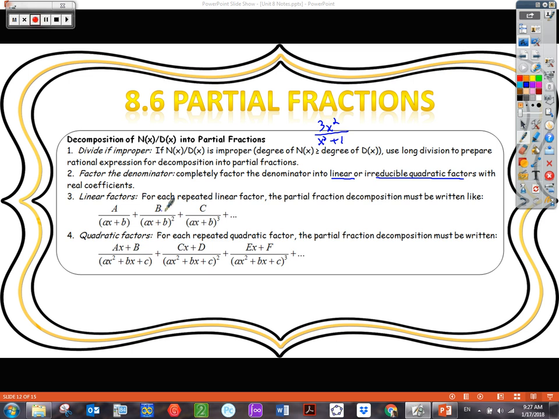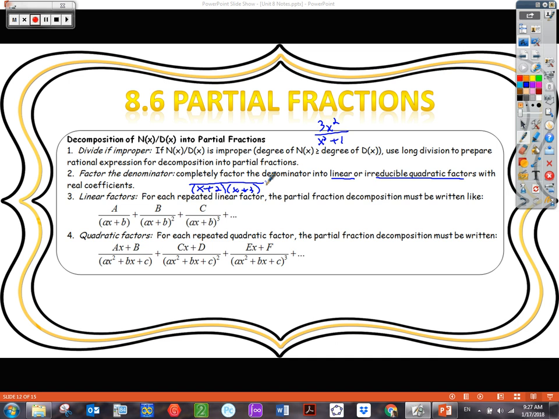What we do is, let's say we're working on the denominator and we get a linear factor. Let's say we factor the denominator and we get x plus 2, x plus 3. I'll just make that up. So that's the bottom of one of our fractions.